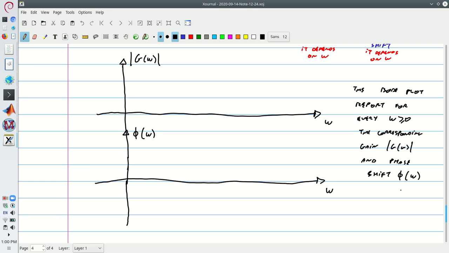The caveat is that the Bode plot uses a logarithmic scale.